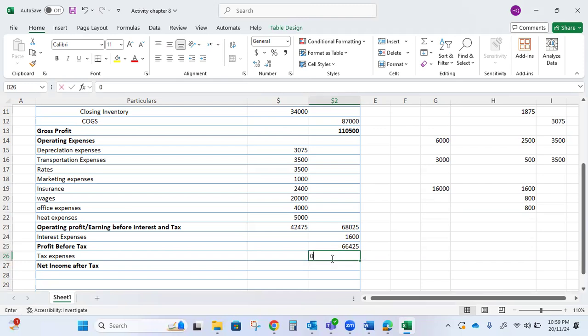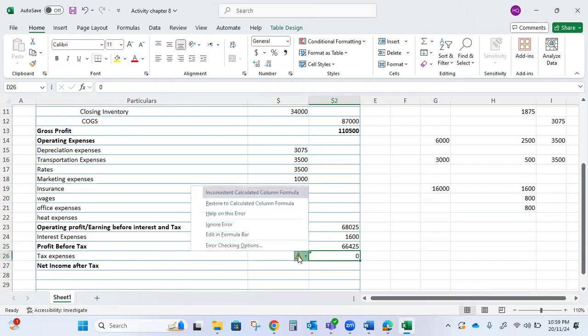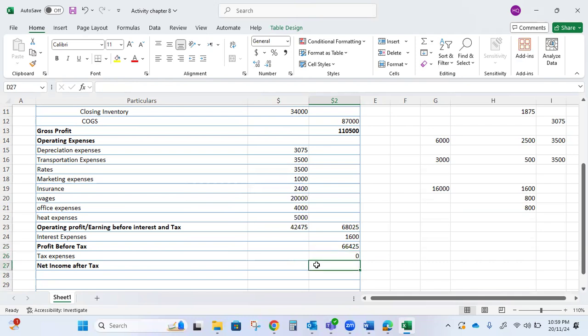So it is zero. If it is 40%, we will take the 40% of this before tax money. And finally, the net income after tax will be the same as profit before tax because the tax money in this question is zero. So the net income we just calculated is 66,425 pounds.